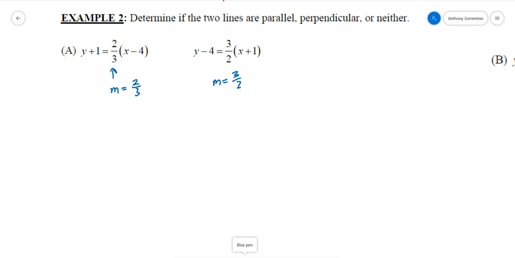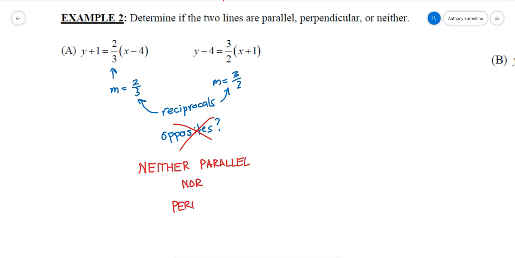These are both written in point slope form, which means I can figure out the slope very easily just by looking at the number in front of the parenthesis on the x side. They're not the same, so they're not parallel. They're reciprocals, but they're not opposites. So they're neither. Remember, you're looking for both things to happen, opposite and reciprocal, not one or the other.